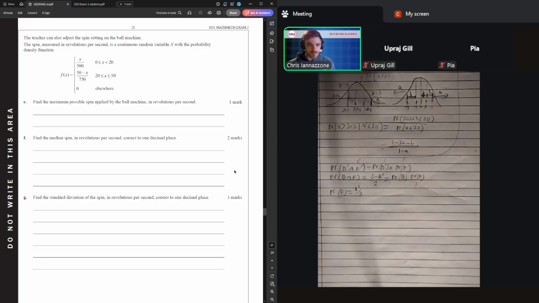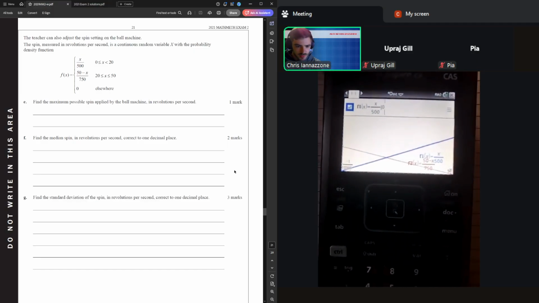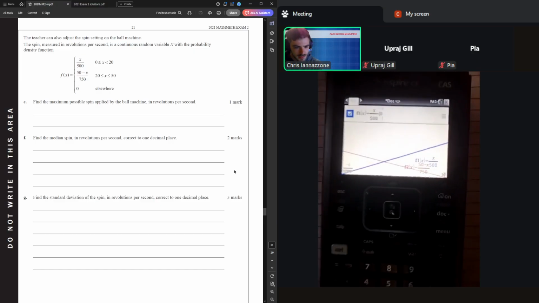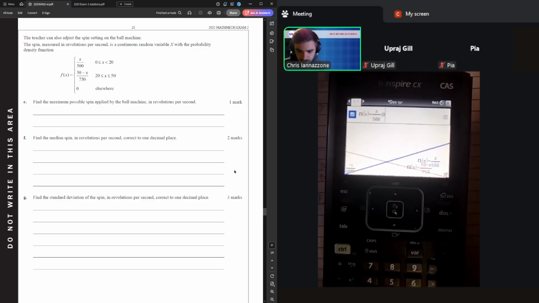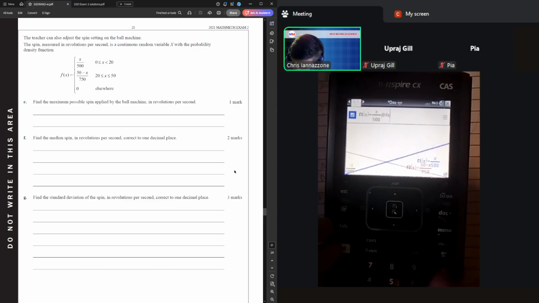One thing you might want to do would be get a graph. That way you can better observe what's going on with the actual piecewise itself. So you might be doing something like sketching the two, and if you don't like how that looks, you can then also do a bit of domain restriction. 0 to x to 20.